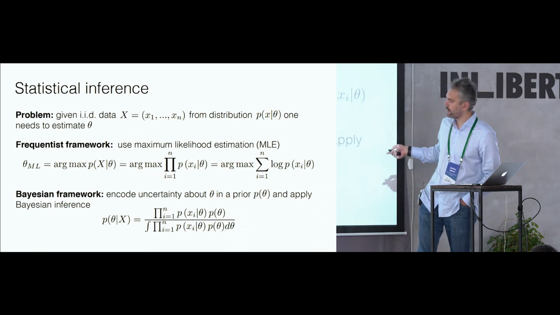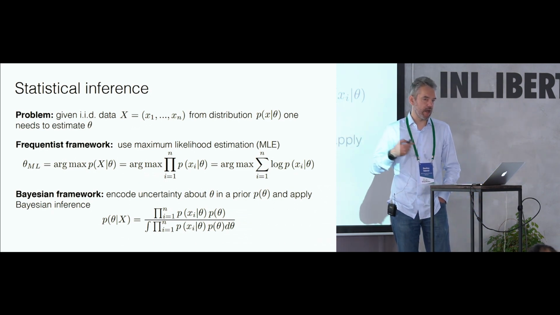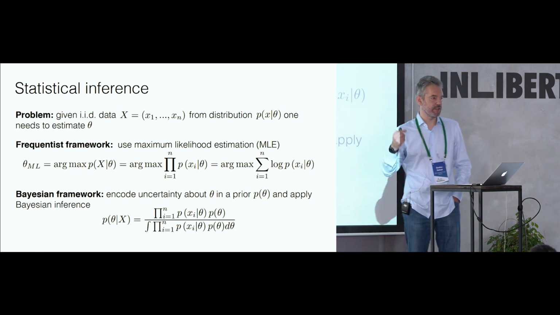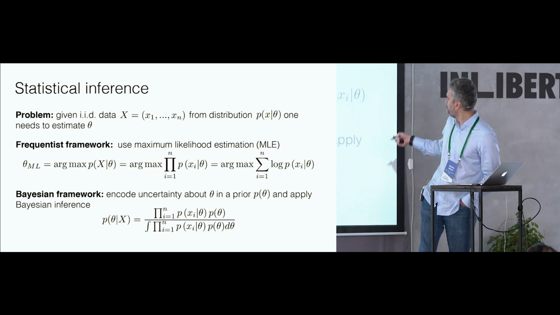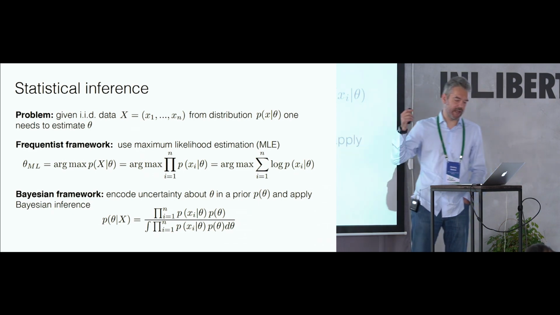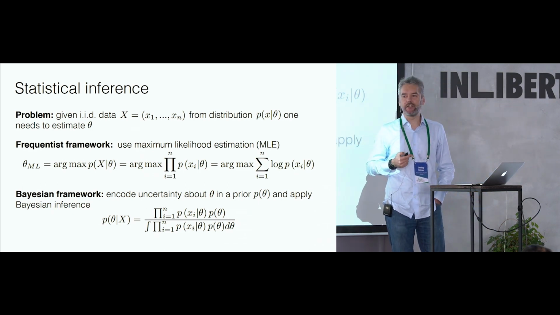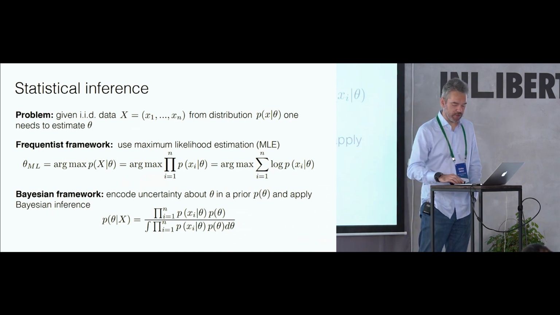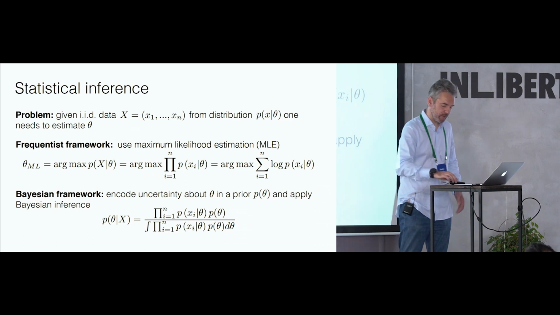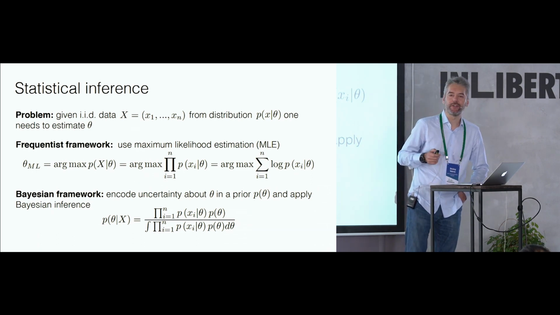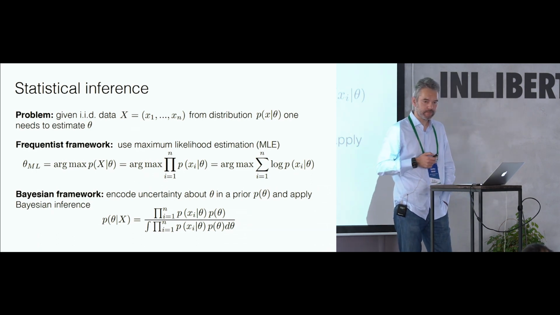Or equivalently, we can take the log, and then our product becomes a summation. In practice, this is much easier to optimize. We find its argmax, and this is the maximum likelihood estimate, which is known to be optimal under some very general conditions, which we all studied in university in our theory of probability courses.